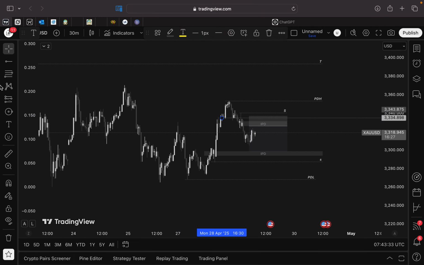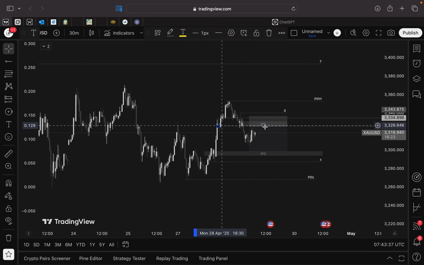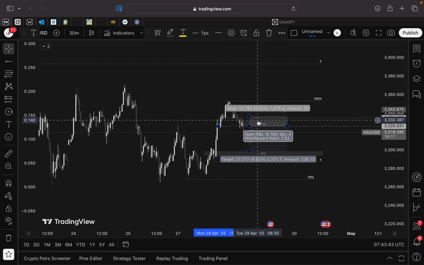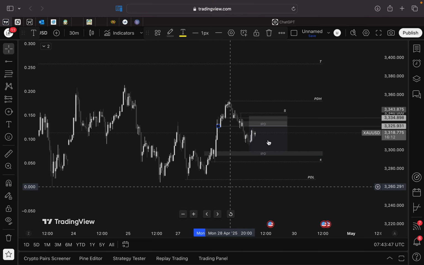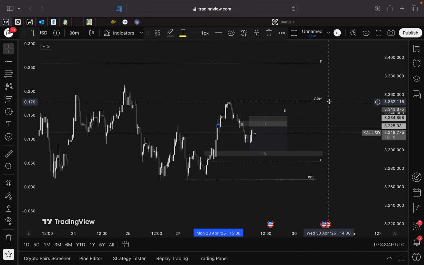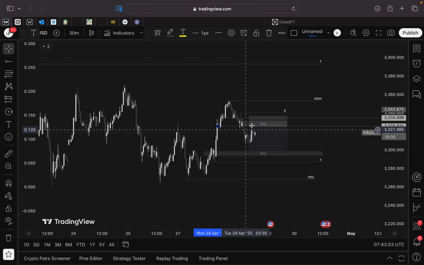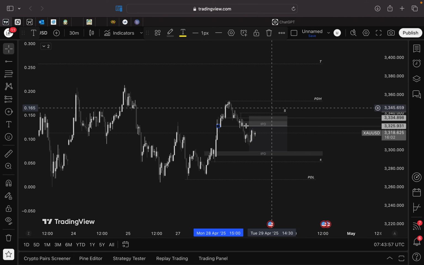So maybe until here, or here. Somewhere in between these two lines, this is where price will be looking to tap in one more time before dropping all the way down here. So guys, enjoy. This is today's view of gold. Today's view of gold is a short sell until here and then a buy all the way up here.